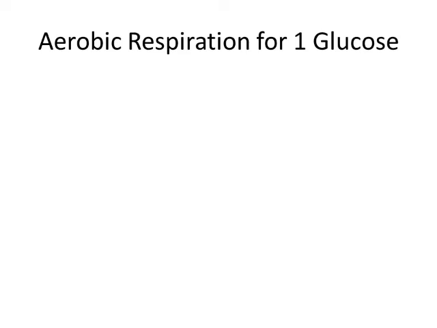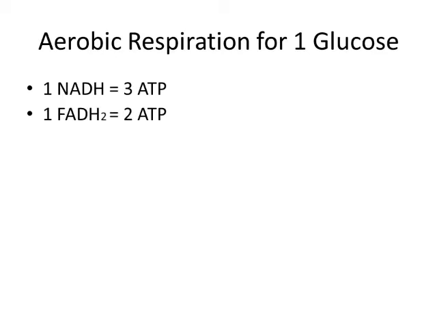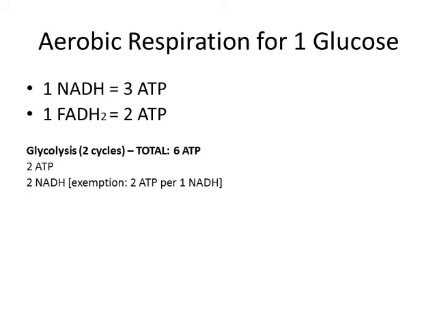I'm going to go over aerobic respiration for glucose. The basics are that 1 NADH equals 3 ATP, while 1 FADH2 equals 2 ATP. The first process that you go through is glycolysis. In glycolysis, you're breaking glucose into 2 molecules, so you're producing 2 ATP and 2 NADH total for those 2 cycles of glycolysis.